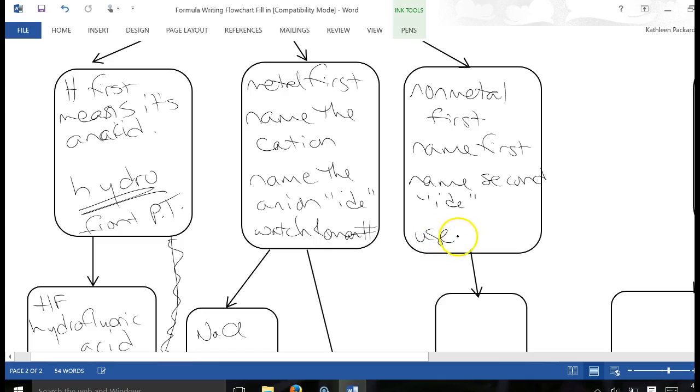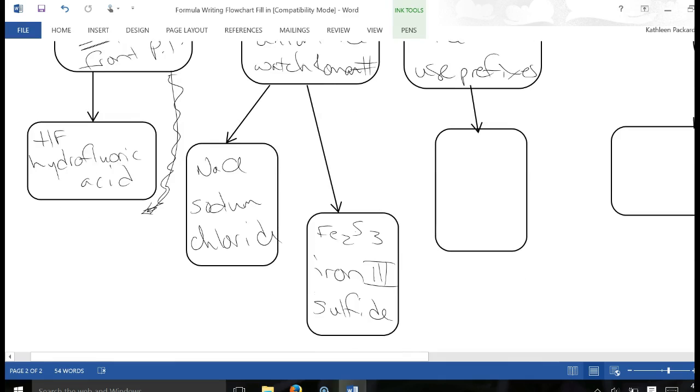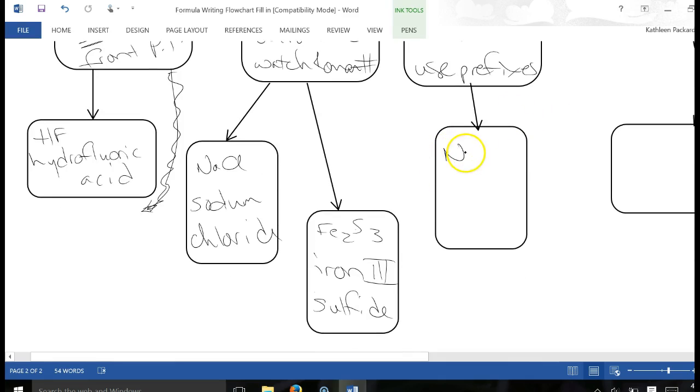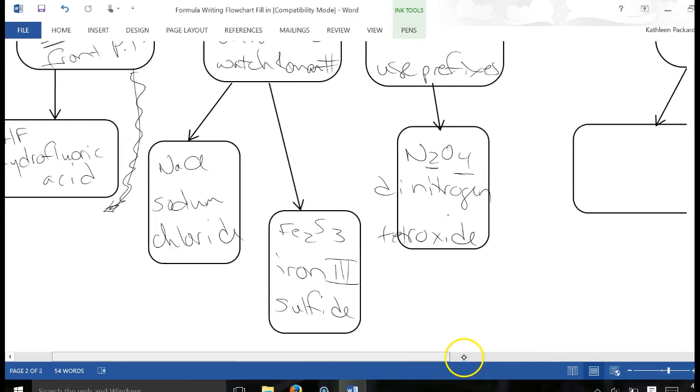And then you're going to use prefixes. So if I gave you N2O4, you would say nitrogen, oxide, but then you would say, all right, there's 2 of them, di, and there's 4 of them, tetra. Okay? So those are all the things with 2 elements.